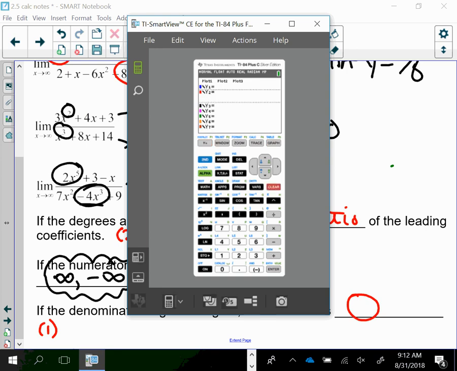So clear that out. y equals, give me that fraction, 2x to the 5th plus 3 minus x over 7x squared minus 4x to the 3rd plus 9.